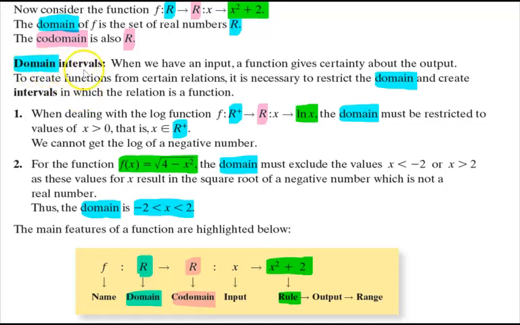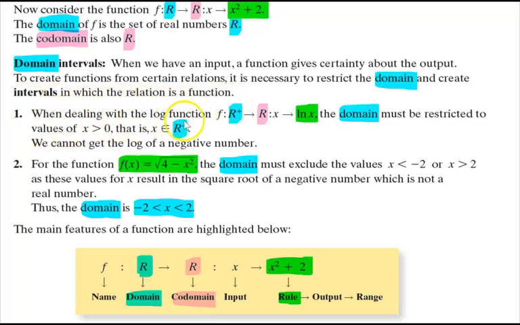Domain intervals. When we have an input, a function gives certainty about the output. To create functions from certain relations, it is necessary to restrict the domain and create intervals in which the relation is a function.